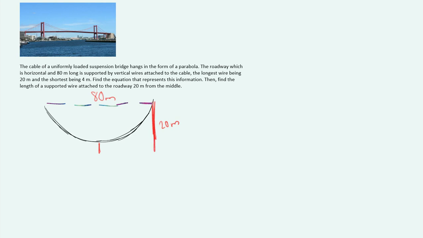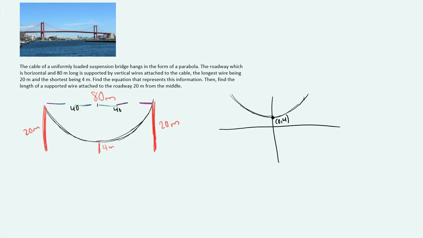So that tells me this should go down to here because this one is at 4 meters, and then over here, it's also 20 meters. So if we graph this, the vertex is at 0, 4. And because the entire thing is 80, it splits into 40 and 40, so this coordinate point on the graph is at 40, 20.